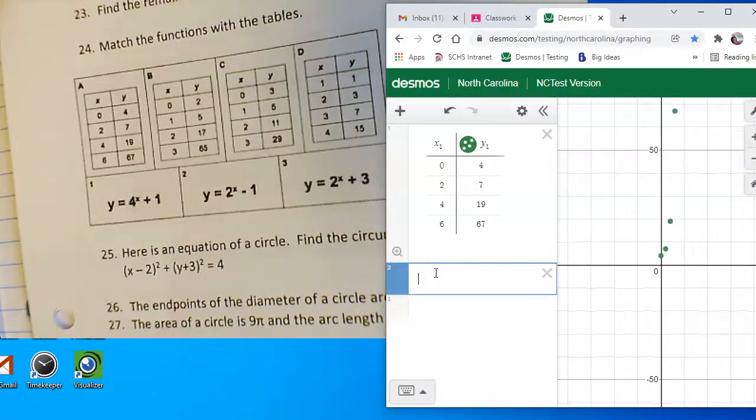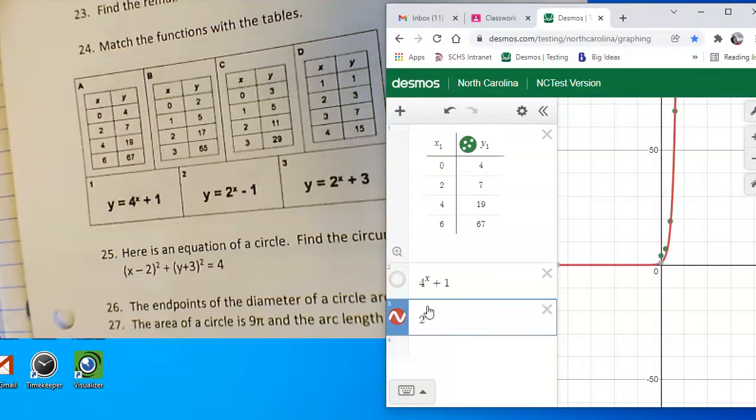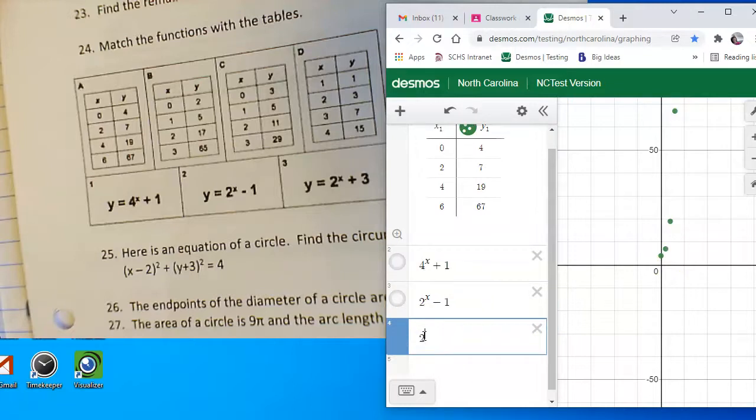Here's the way the points look. And then you could graph the equations to see if any of them go through that one. It doesn't look like it's that one. That doesn't go through all of them, so it doesn't seem like it's that one. That one looks like it goes through all of them.